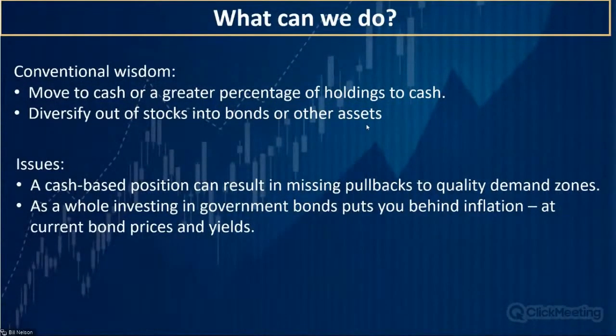And then as a whole, moving to and diversifying out of the stock market, specifically into government bonds, can put you behind inflation, meaning your money is worth less and less in that given investment, even if the bonds go up the way they're estimated to.